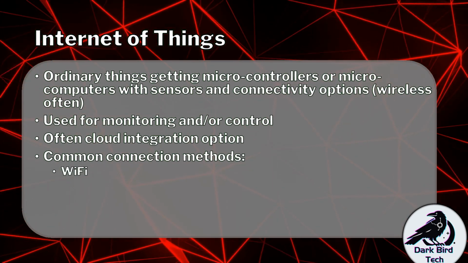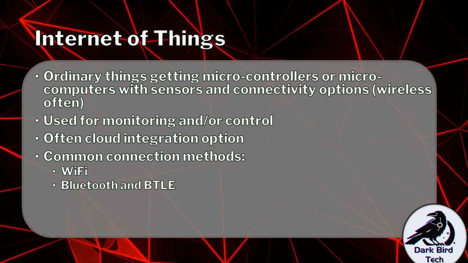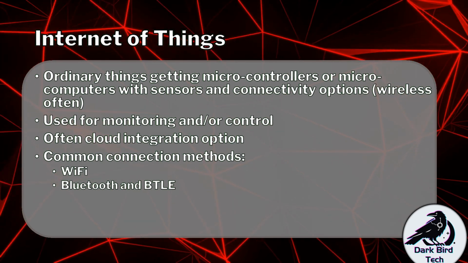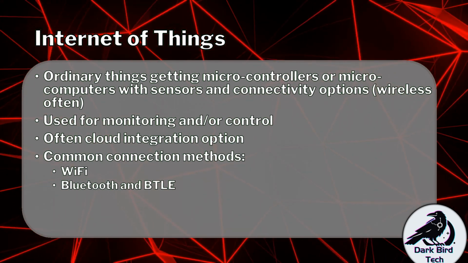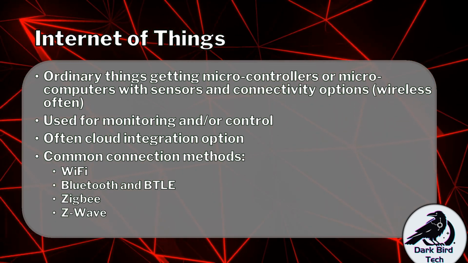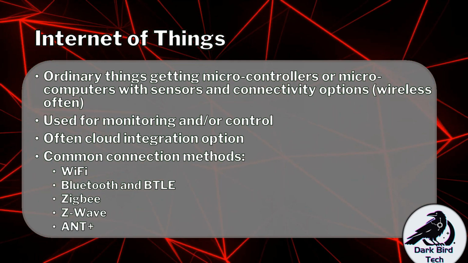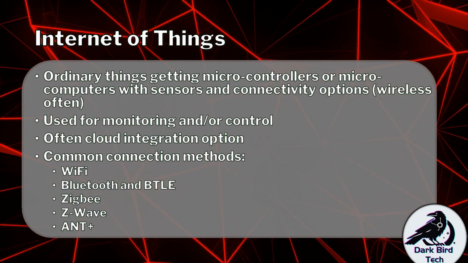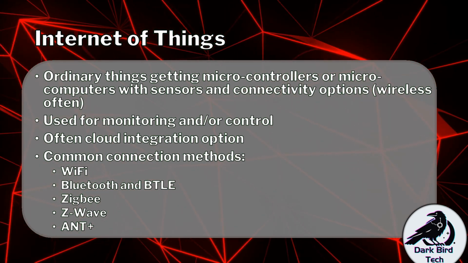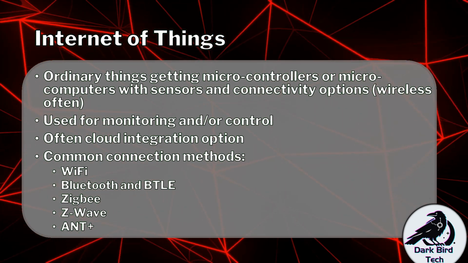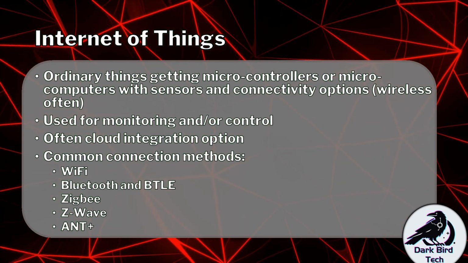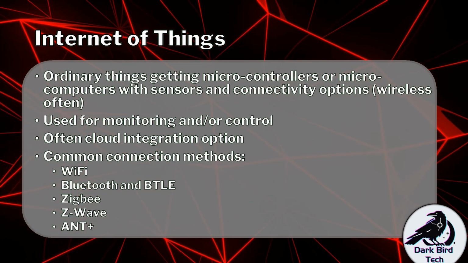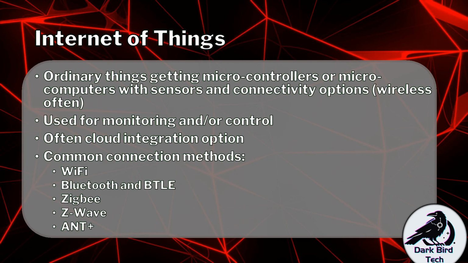Yep, seriously, that same thing that your phone and your laptop uses. Maybe Bluetooth, or realistically, BTLE, Bluetooth Low Energy. Normal Bluetooth standard, but way more energy efficient. Zigbee, Z-Wave, and ANT+. Okay, in fairness, those last three are a little bit IoT specific, but more available and more likely to be encountered in your day-to-day life than something like S7 comms, which is a very vendor proprietary communication standard for a PLC for industrial control systems. So, cool.